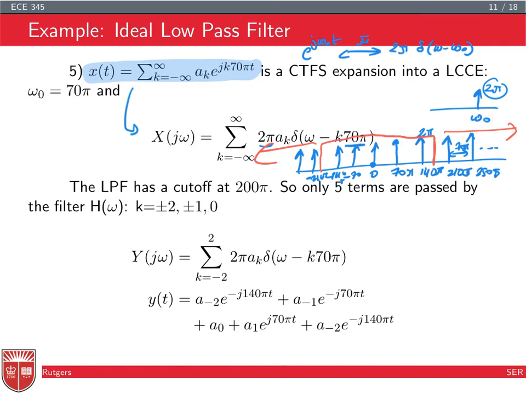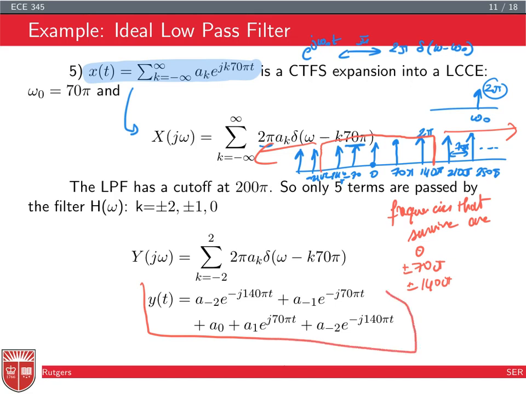So the frequencies that survive are the 0, the 70π, the 140π, and the corresponding negative frequencies. So all these 5 frequencies are going to survive, and this is what's going to go through. This is the output.